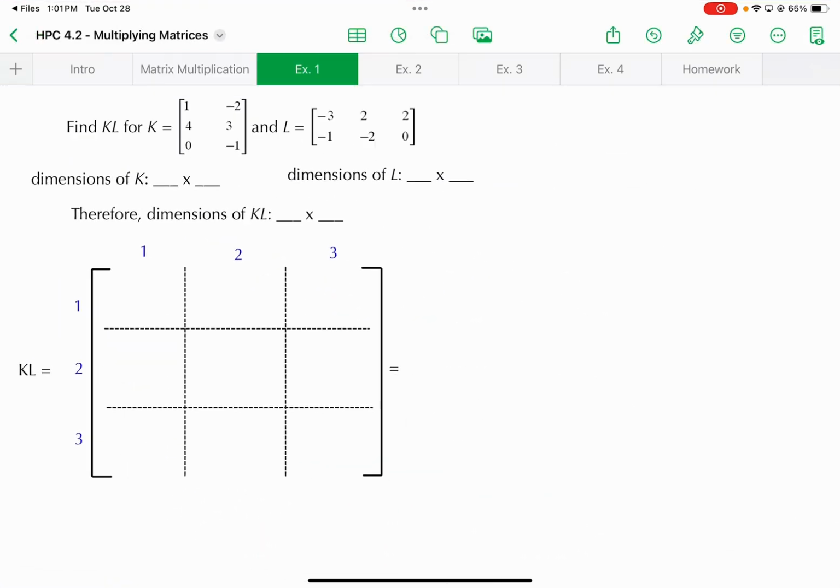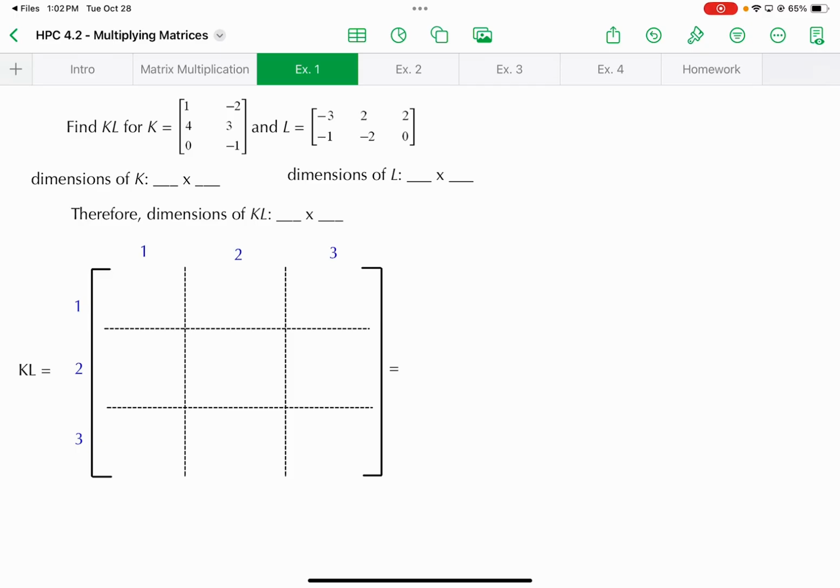Now, the way that we've worked out these examples is we gave you a nice space to find all of your values. But in reality, when you work through your homework on these, you're going to have to set this up yourself, okay? So we want to find KL, where K is that given matrix and L is that other given matrix.